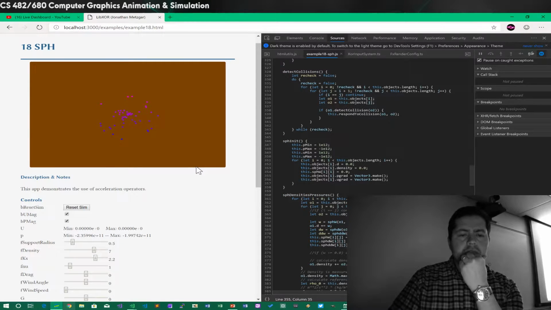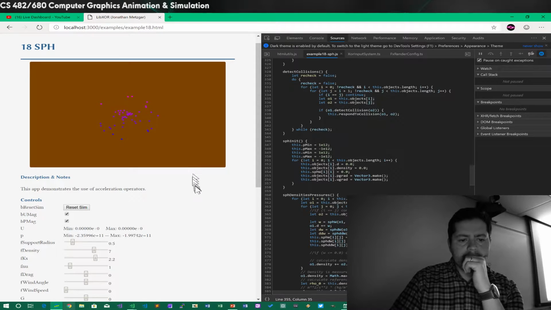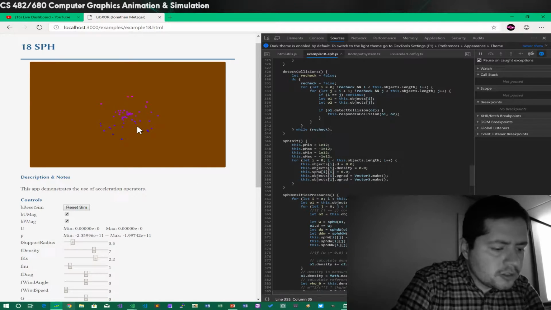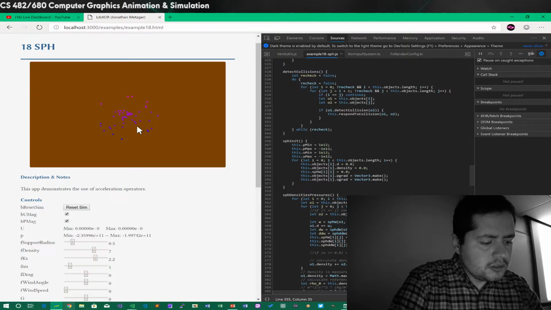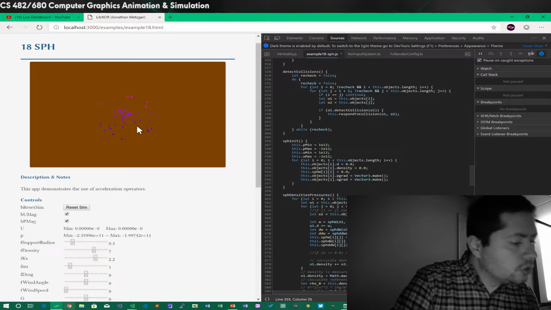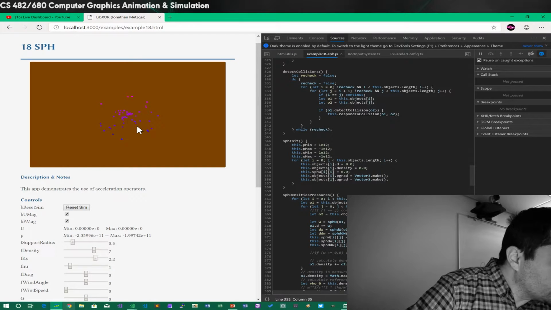Okay, so if we have no pressure gradient, then, although I'm thinking that technically for the diffusion part, we calculate that. Are they moving?